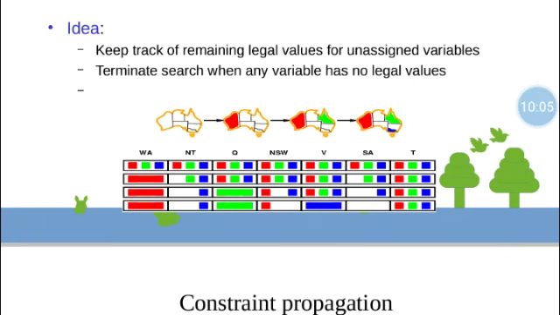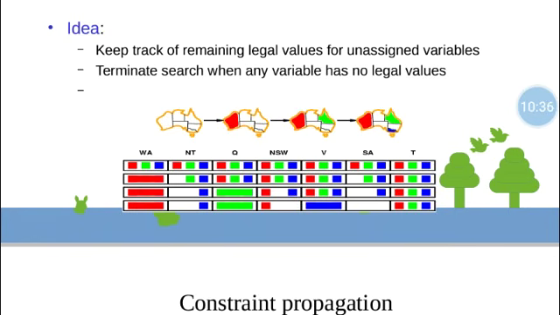South Australia, no color is remaining, because you can't give red to it because Western Australia is already having red, you can't give blue because Northern Territory is already having blue, and you can't give green because Queensland is having green. So no color is remaining for the South Australia. So here the conflict has occurred and there is no legal value remaining for the South Australia.